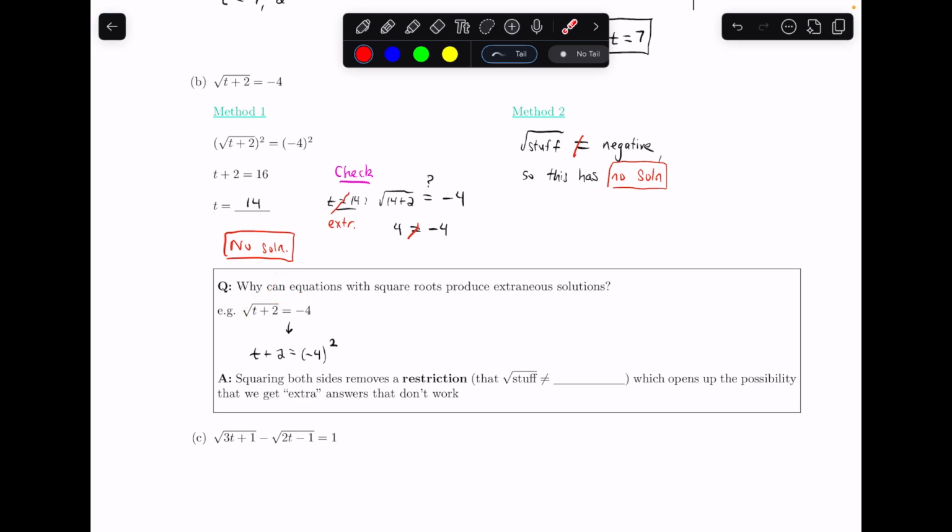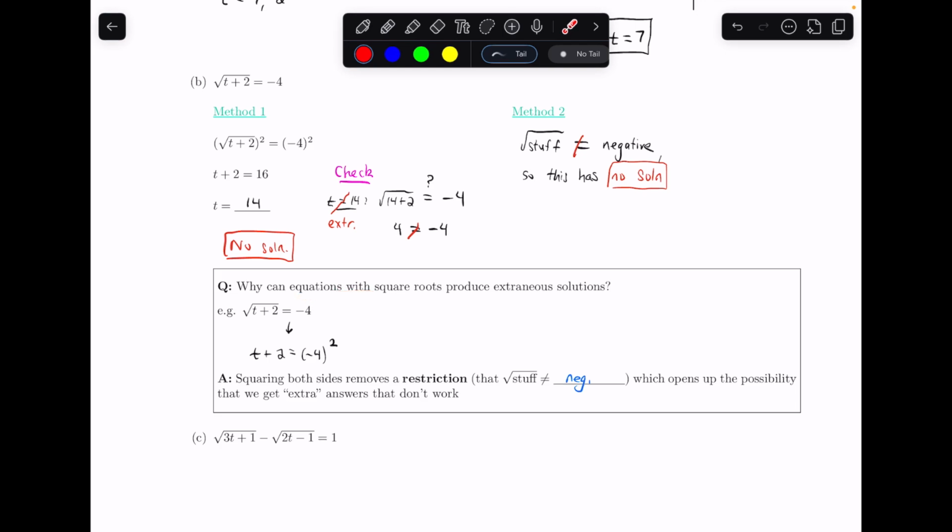But when we square both sides, the square root is gone, and without the square root, t plus 2 by itself could equal a positive or a negative. So squaring both sides removes the restriction that the square root of some stuff is not allowed to be negative, and that opens up the possibility of extra answers that don't actually work. That's why this is a possibility in equations that have square roots.